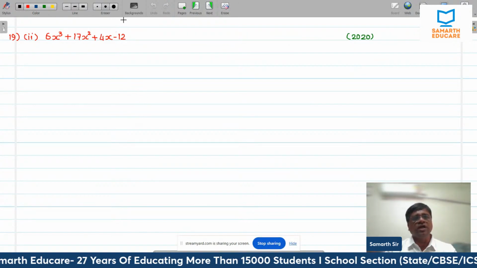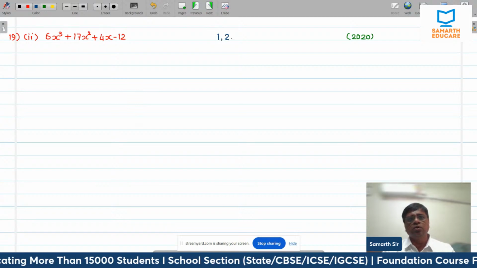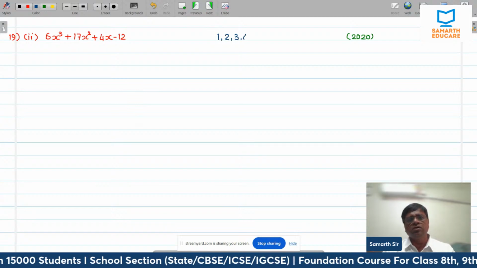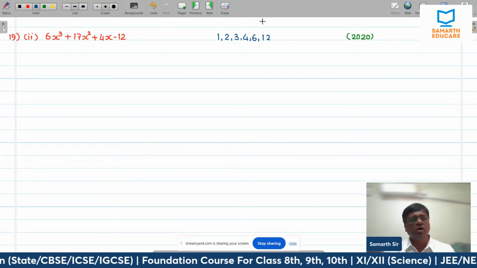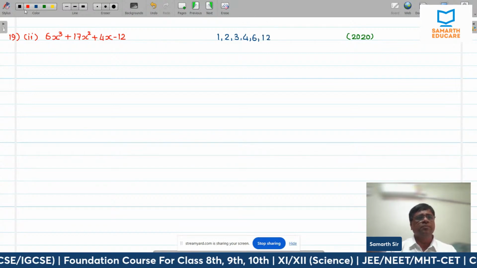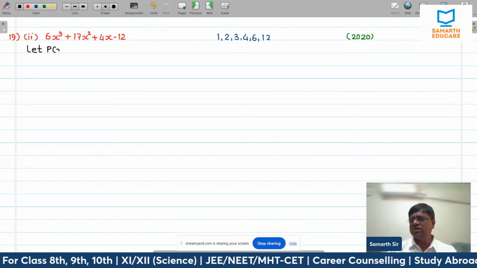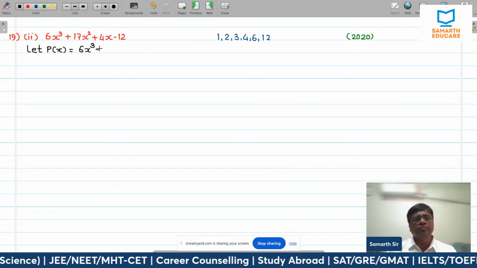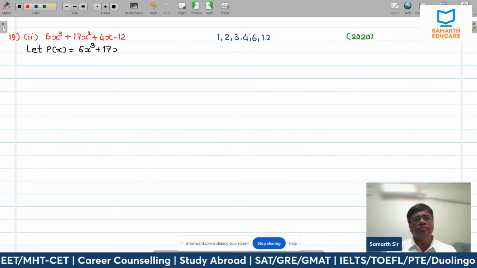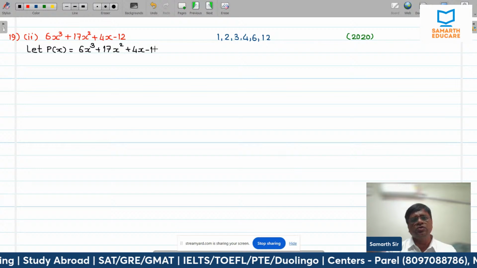12 is there. So the factors for this is 1, 2, 3, 4, 6, and 12. All right, let us try. Let p of x is 6x cubed plus 17x squared plus 4x minus 12.